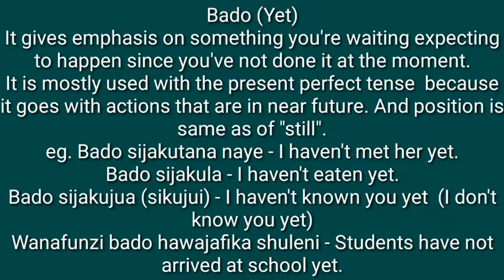Put before the main verb, auxiliary or the modal verb. Example, bado sijakutana naye. I haven't met her yet. Sijakutana, kutana is the verb, meet. Bado sijakula. I haven't eaten yet.